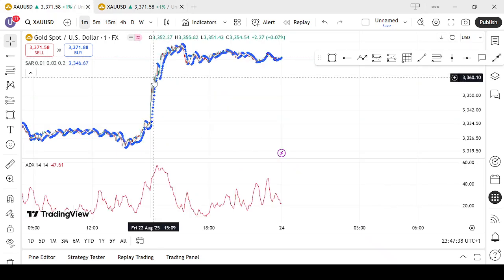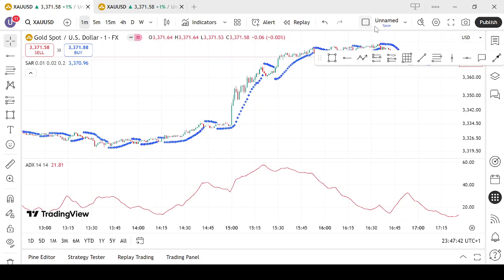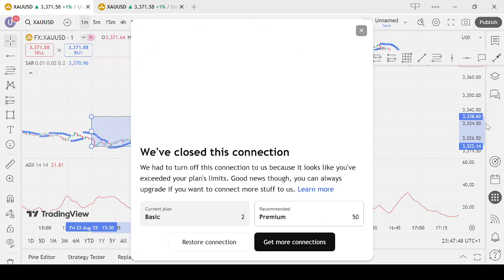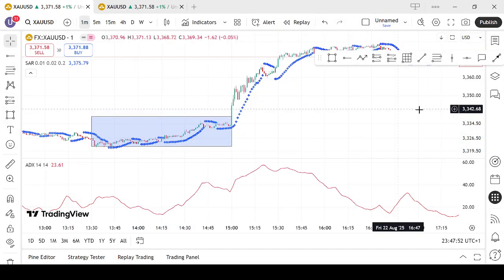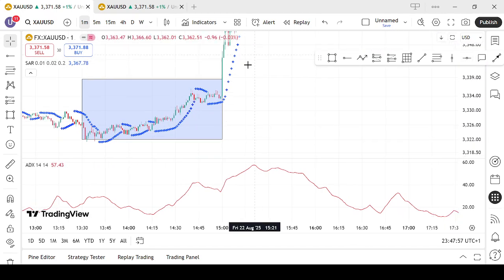Then if we go to our smaller time frame, which is our 1 minute time frame, as we can see at this area of the market, this was where our parabolic SAR on the 15 minutes was showing us that it switched from bearish to bullish.